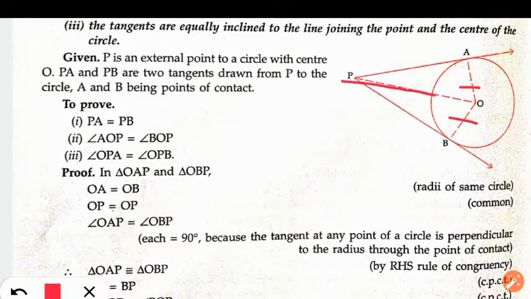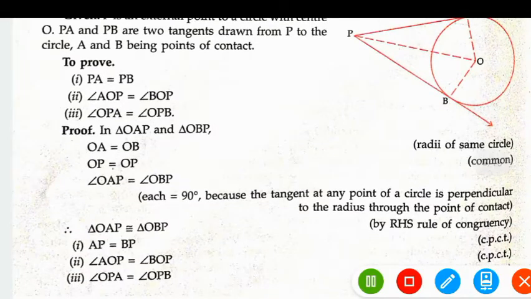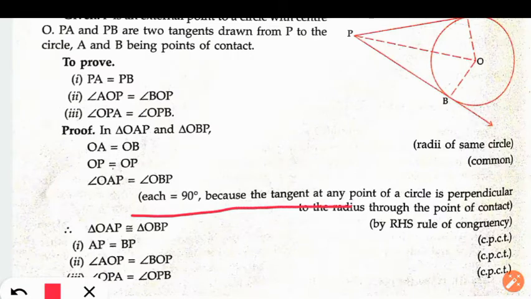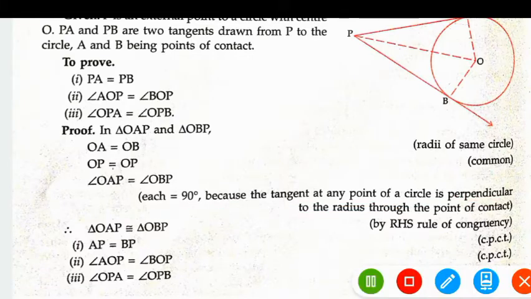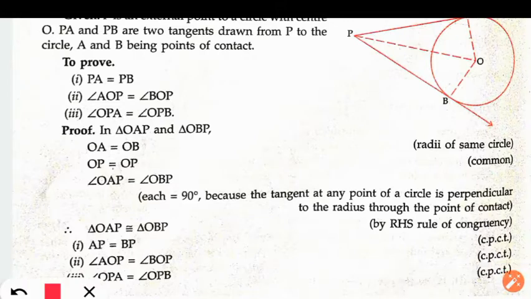We can say OP is equal to OP as they are common, right? And can we say this angle must be equal to this angle? Both are 90 degrees according to the first theorem, right? The reason is that each equals 90 degrees because the tangent at any point to a circle is perpendicular to the radius through the point of contact. This is what we know.